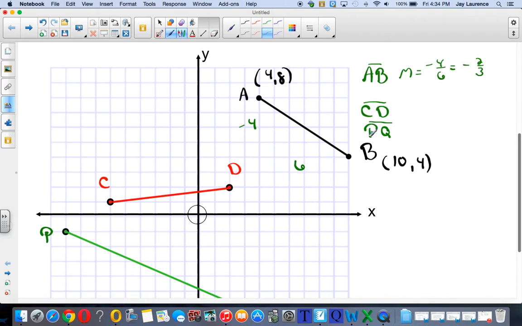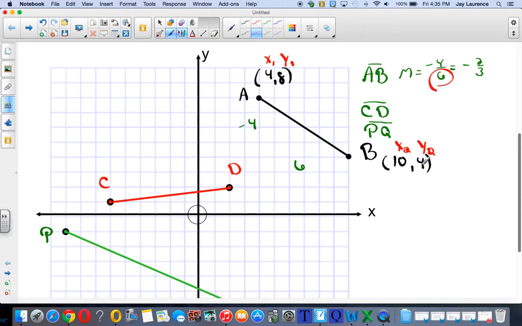But a curious thing here, recall that this is an x-coordinate, and that's a y-coordinate, and that's an x-coordinate, and that's a y-coordinate. Oh, sorry, there should be 2's there. Okay, so curious thing here, look at the x's. 10 and 4, if I take the difference of 10 and 4, I get 6, don't I?